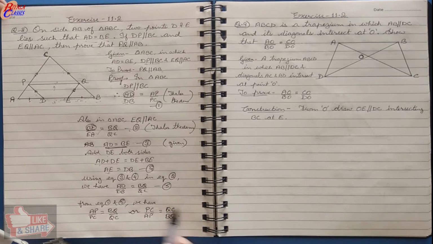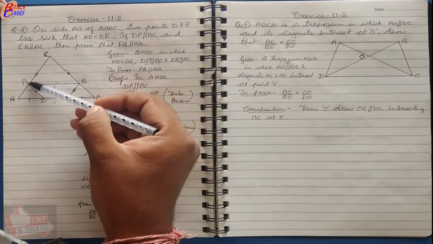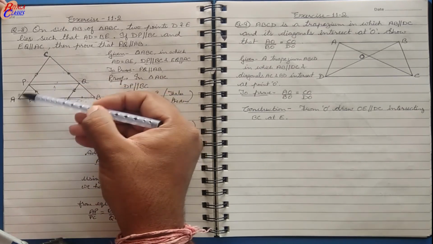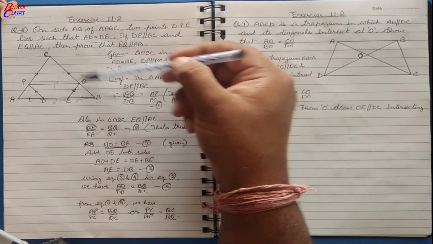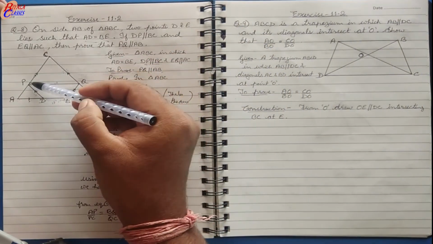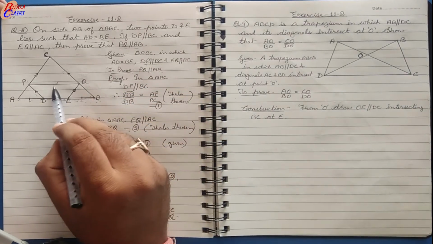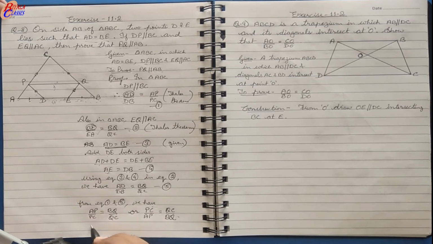Now if you check this result, PC upon AP, this is PC and this is AP. The ratio of these two parts of side AC is equal to the ratio of the two parts of side BC. So if CP upon PA equals CQ upon QB, then by converse of Thales theorem, we get that PQ is parallel to AB.